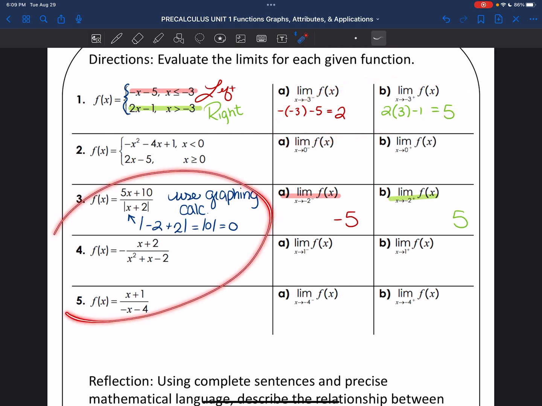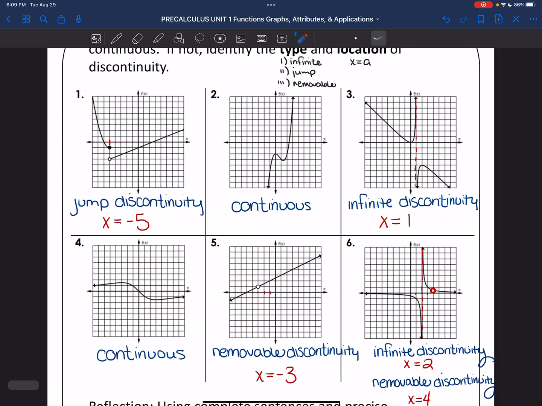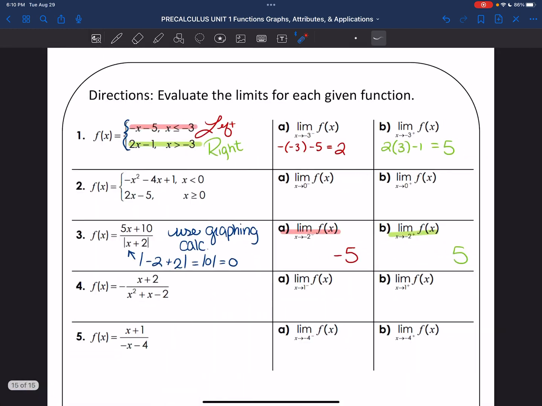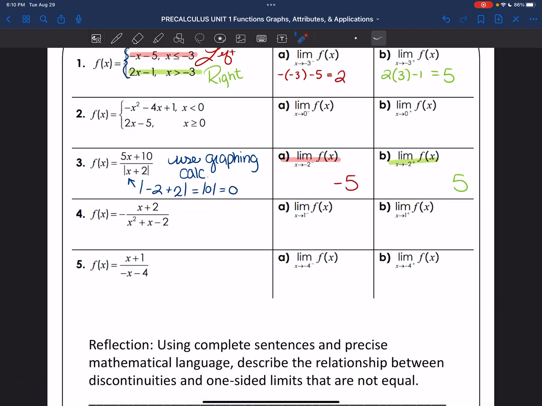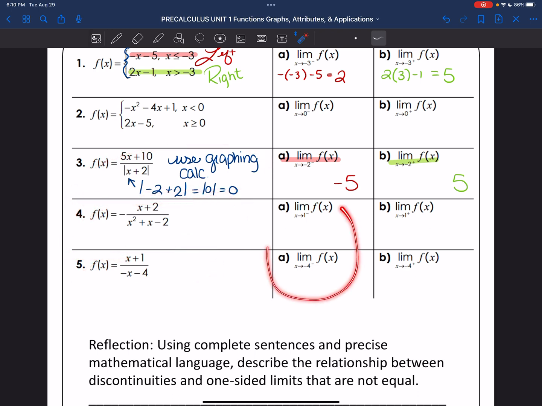But if you have rational functions like this, you're going to want to use your graphing calculator to better analyze your graphs, because they're going to look maybe something like this. And so you'll use your graphing calculator to see more clearly what's happening on the left and right side of your different values of x.